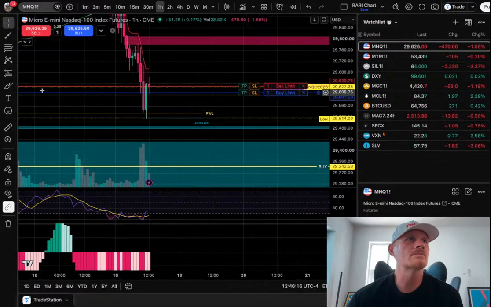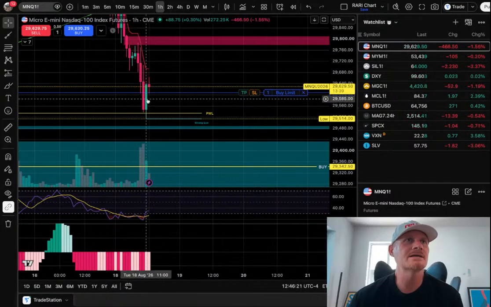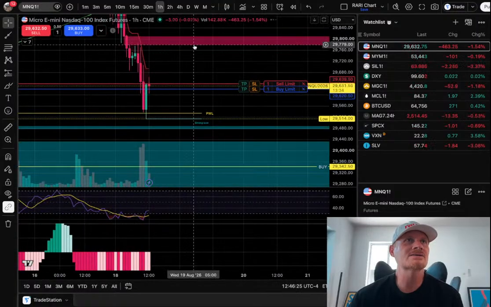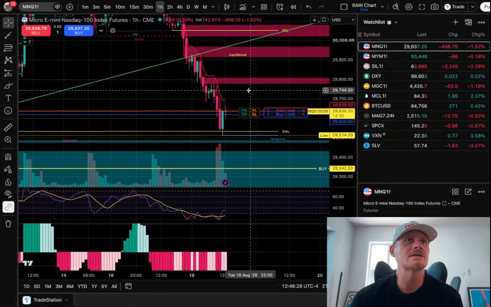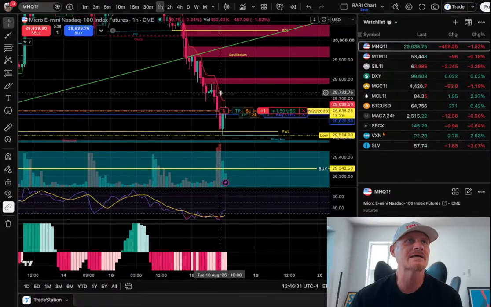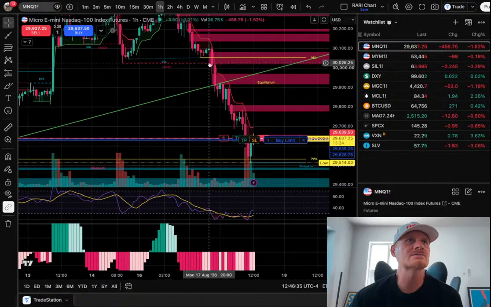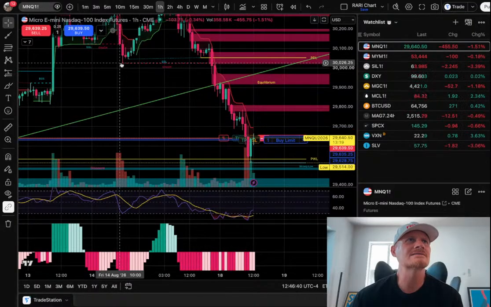So the way I look at it is it's going to retest a little bit here, but essentially it's going up to some level of support. It's either going up to this tiny level of support, or it's going to come all the way back historically to this change of character line here, like this center.